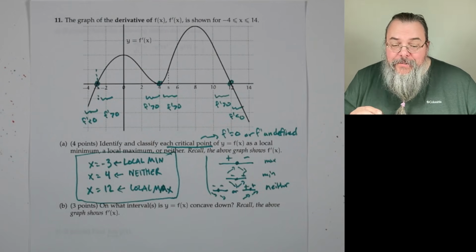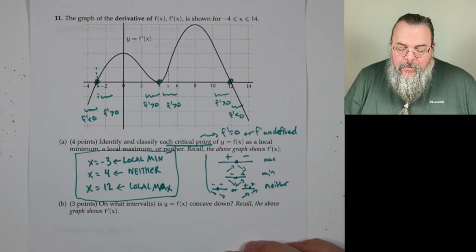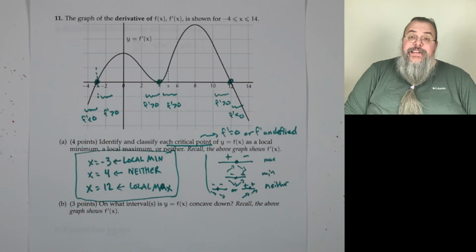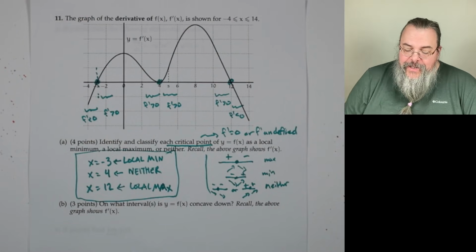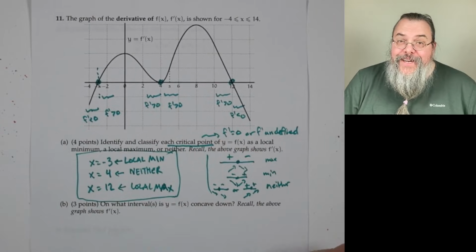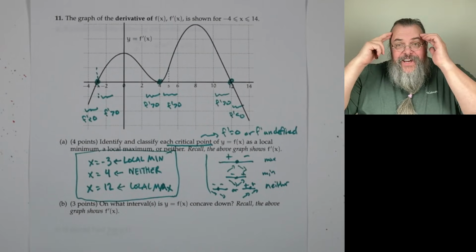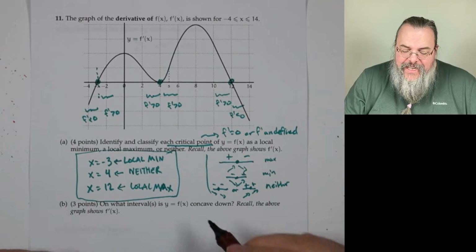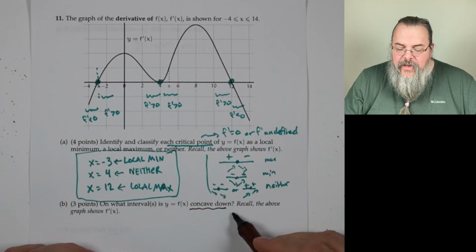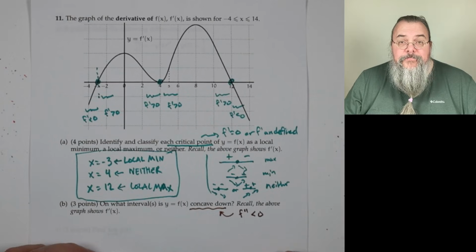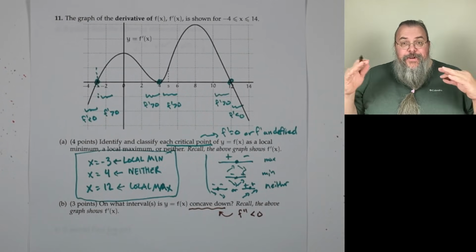Okay, on to part B. On what intervals is the function concave down? Recall, the graph above shows f prime of x. Okay, now we have to think about what concave down means. So concave down says, oh, your second derivative is negative. Okay, so that's what concave down means.